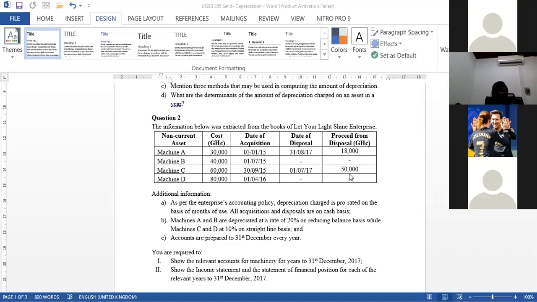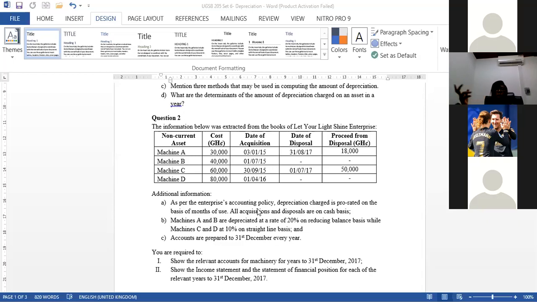Additional information, okay. Now it says, as per the enterprise accounting policy. So you realize that it is a policy, and I've mentioned it. Before I even continue, in the previous class, somebody asked, and let me just use this to also draw attention to it.